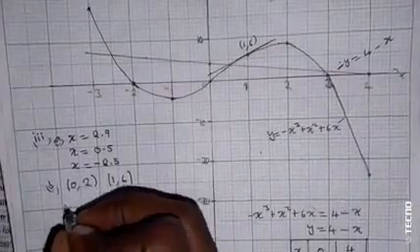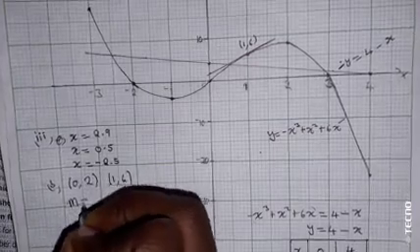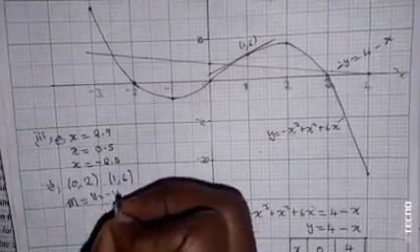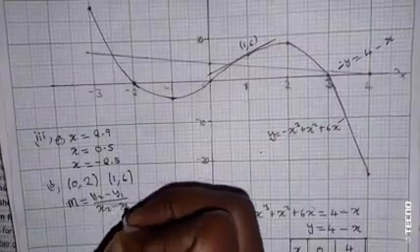So here we'll use the gradient formula, m is equal to y2 minus y1 over x2 minus x1.